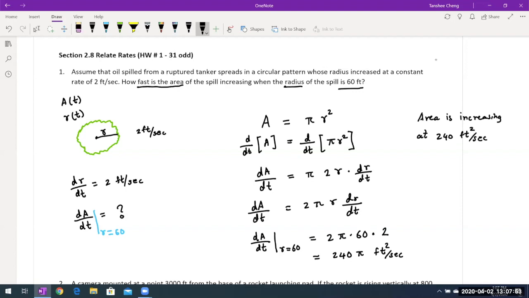This rate of change is at a particular length of radius, so you need to indicate that: when the radius is 60 feet. And that will be my conclusion. Now, any other questions?